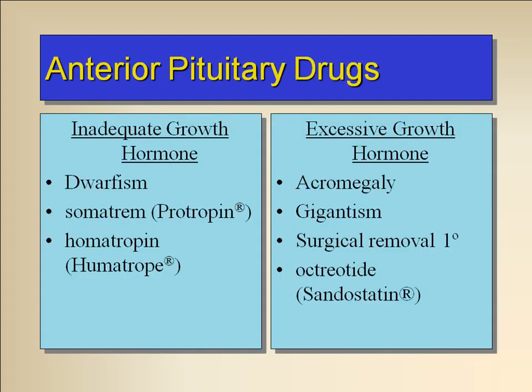Excellent. All right, so anterior pituitary. Growth hormone. If you don't have enough growth hormone, it leads to dwarfism. Kind of makes sense, right? Now there's treatment available.